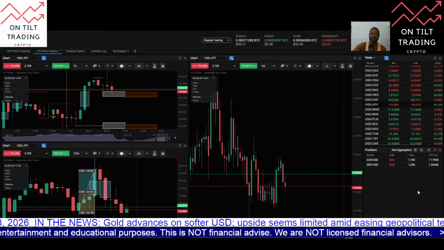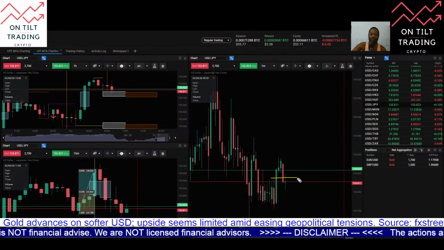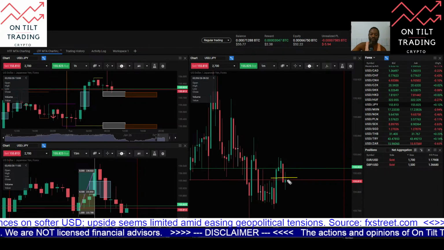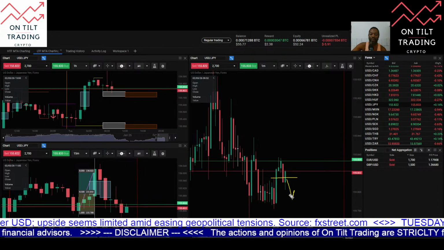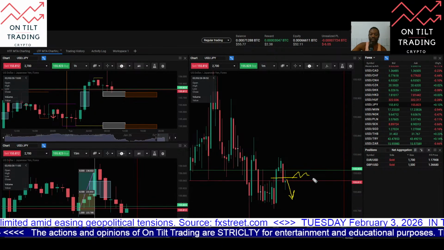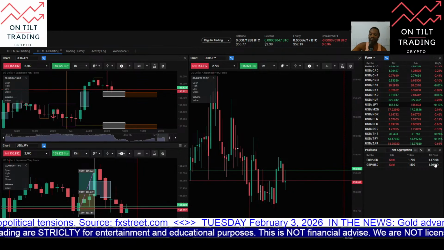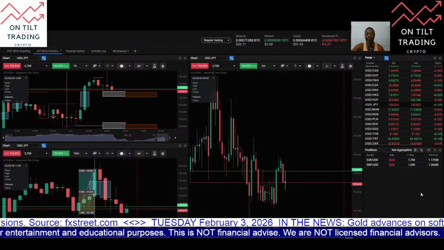And price on this 1 minute chart has disrespected this bullish fair value gap by closing below it, so probabilities are higher that price would continue lower, but price could consolidate or price could deliver to the buy side regardless of this indication.